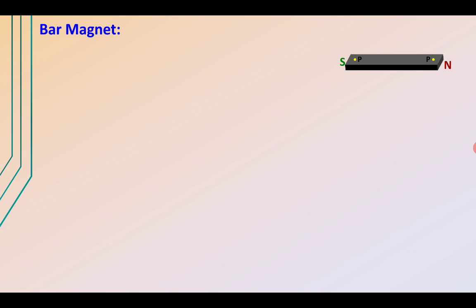These two points are where the magnetic field is strong for this bar magnet, and this arrow represents the direction of the magnetic dipole moment. This is the magnetic length between the two points where the field is very strong. So the length between P and P is the magnetic length for a given magnet, and the whole length of the magnet is known as the geographic length.